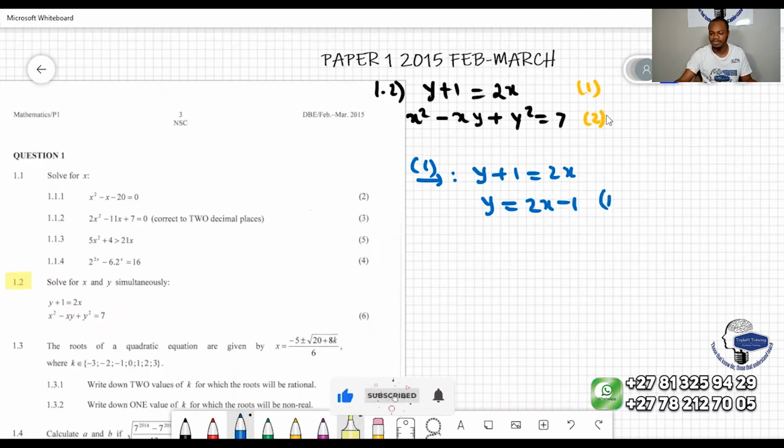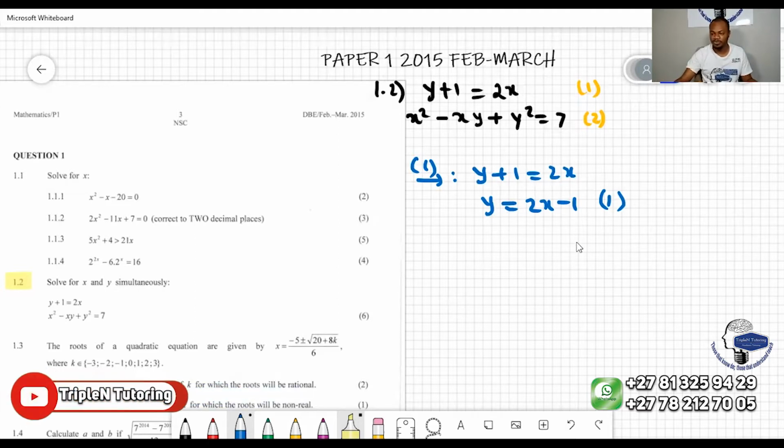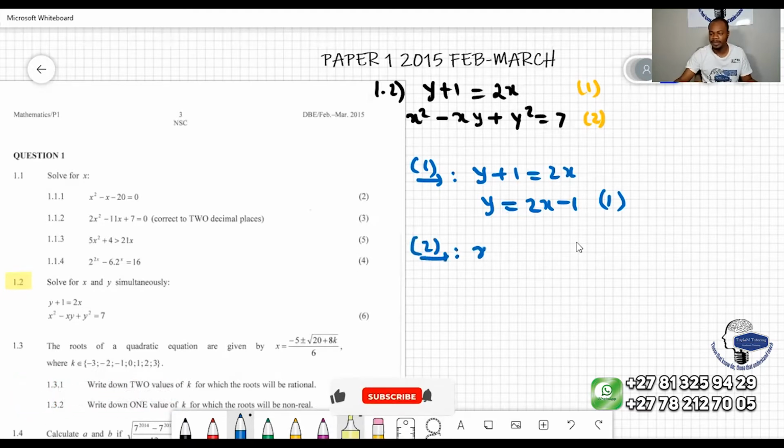Equation 1 just transformed. Once we find y, we can then substitute the value of y in equation 2, because equation 2 is given by x squared minus xy plus y squared.